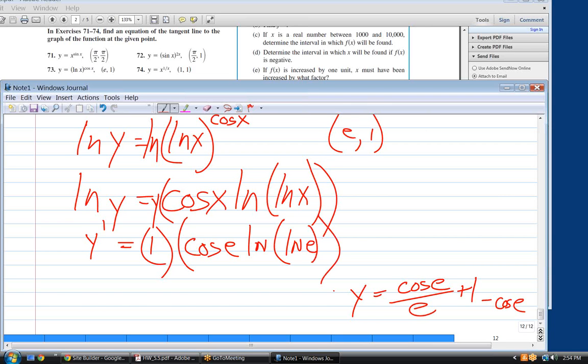Right? That's what I get. Natural log of e is 1. And then natural log of 1 is 0. And everything cancels. So we get y prime equals 0. That's what I get. Did I not use the product rule?